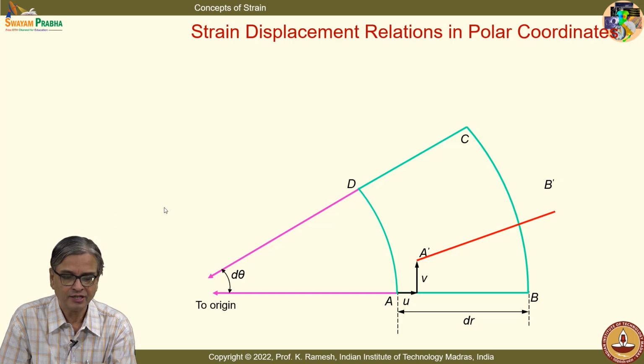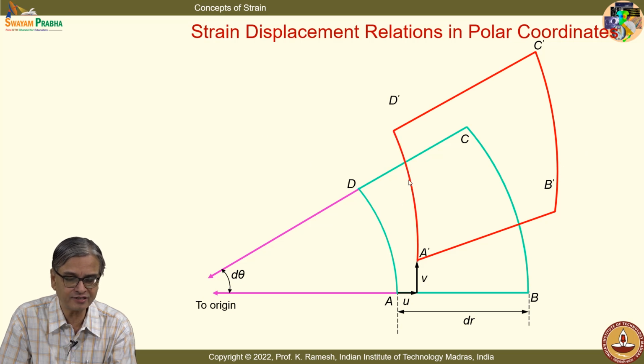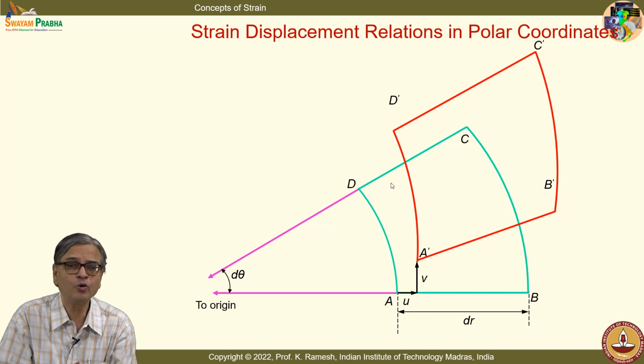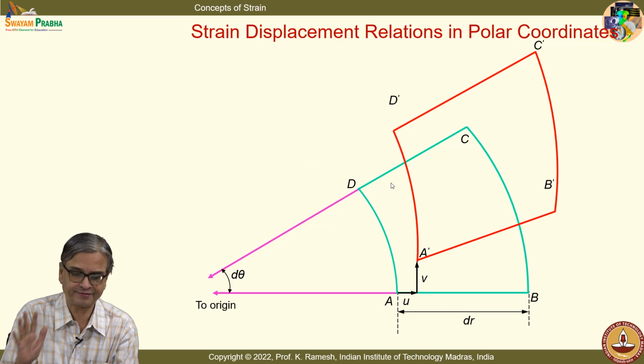Okay. Let me first complete this distorted element. This arc becomes distorted like this, and it is no longer purely circumferential. It is distorted because of both axial and shear strain.